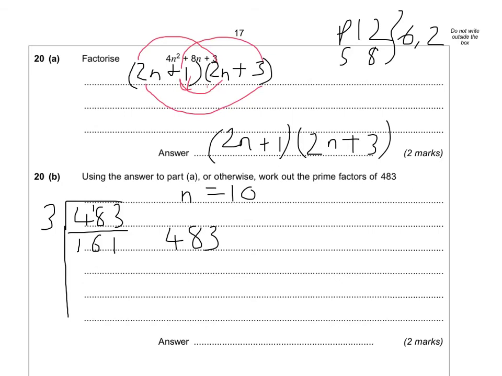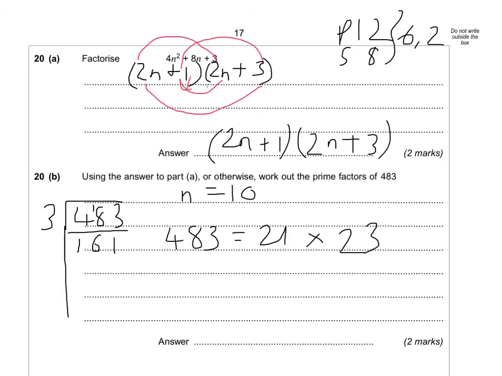And because we've written it as a multiplication, we've really written it, looking back, as 2n plus 1 multiplied by 2n plus 3. Now 2n plus 1 is 2 times 10 plus 1, which is 21, and 2n plus 3 is 2 times 10 plus 3, which is 23.